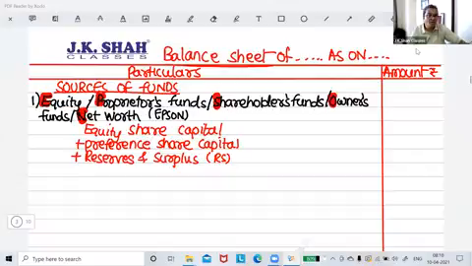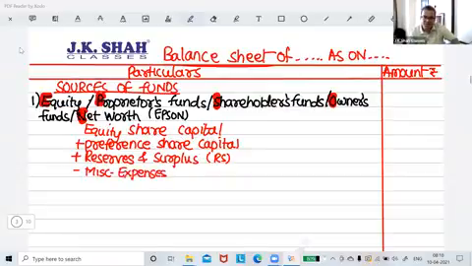Correct? So what we will do is say less miscellaneous expenses, call it any. Okay. So you have to remember this. These will be the components of all this.